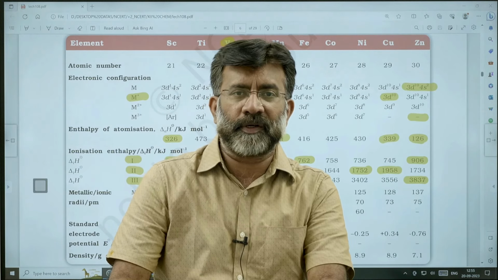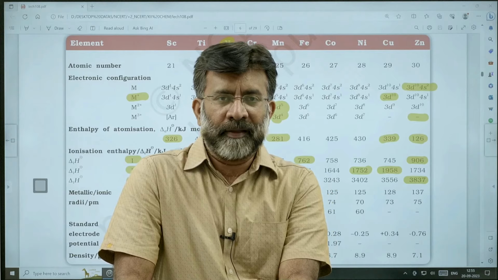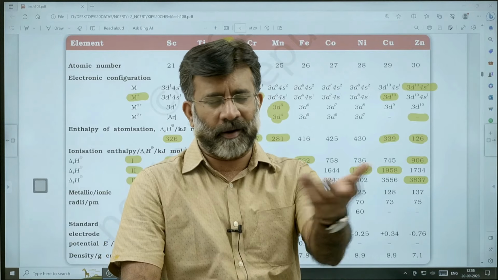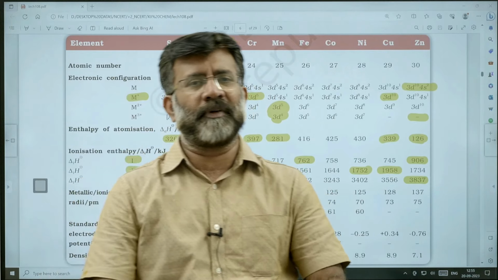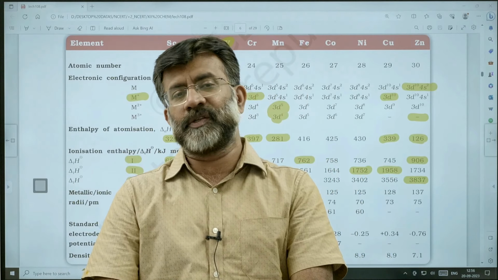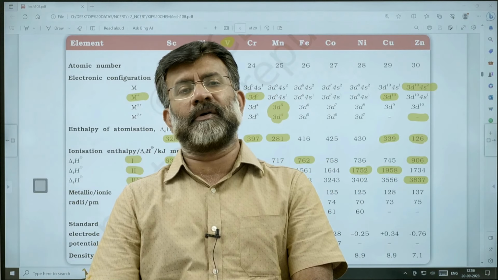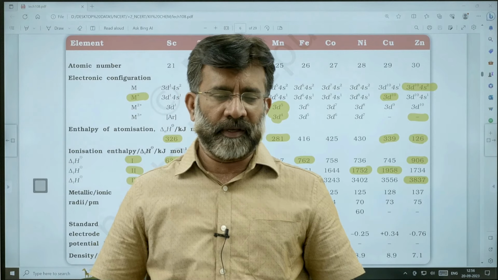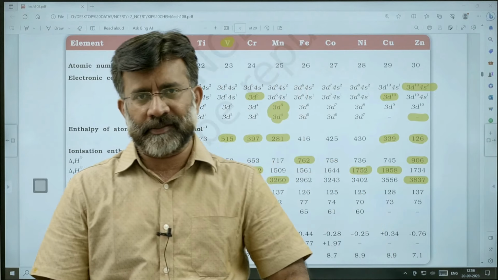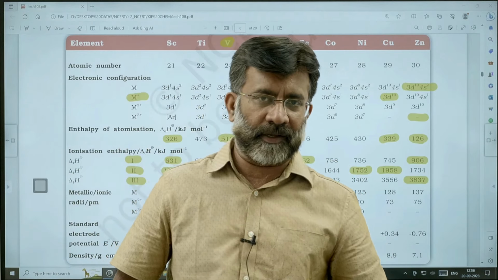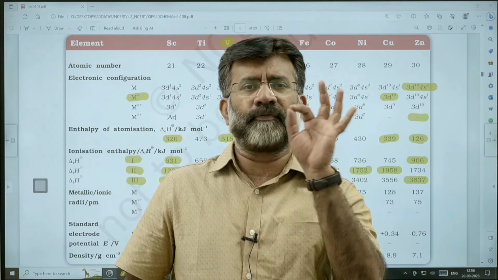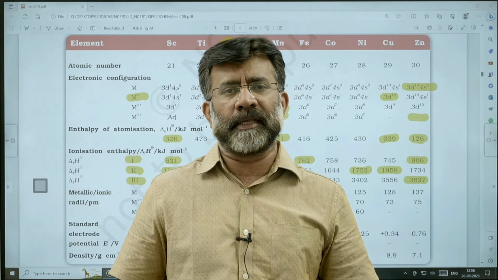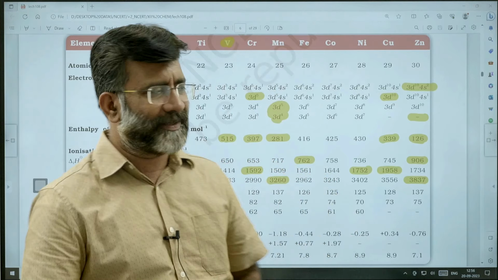D5 configuration will be extra stable, right? There are a lot of concepts. One important concept we are dealing with in the NCERT is exchange energy, the maximum possibility of exchanges. Therefore, D5 is extra stable, D10 is extra stable. So, half-filled and fully filled configuration stability is an important point.